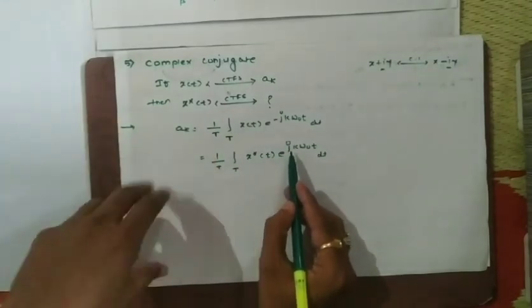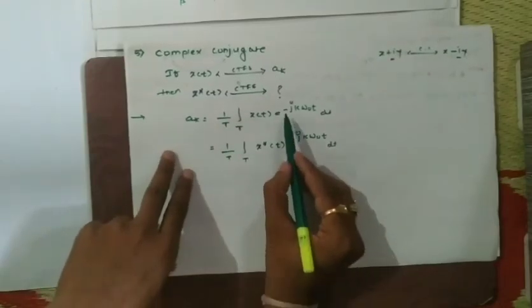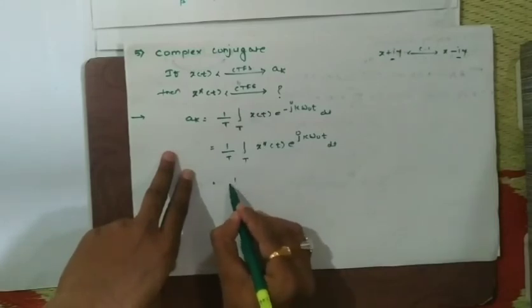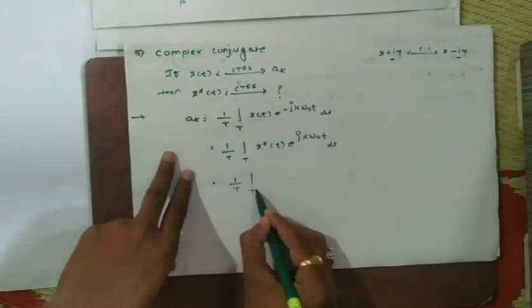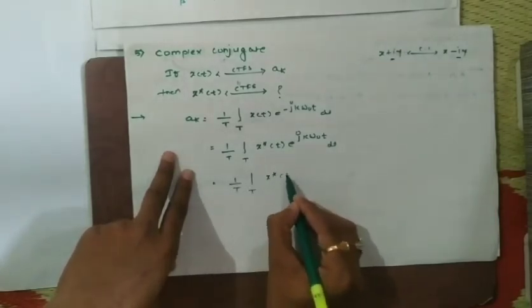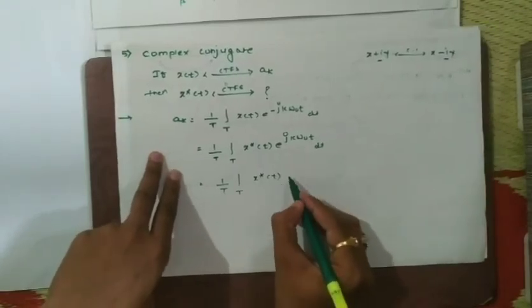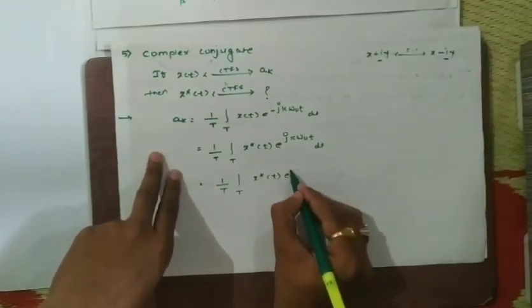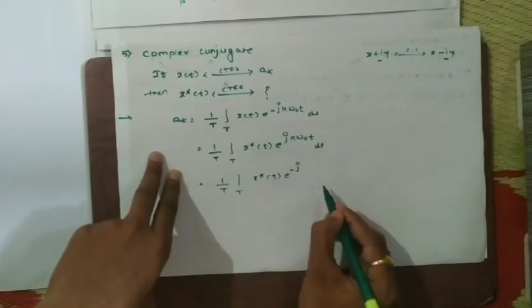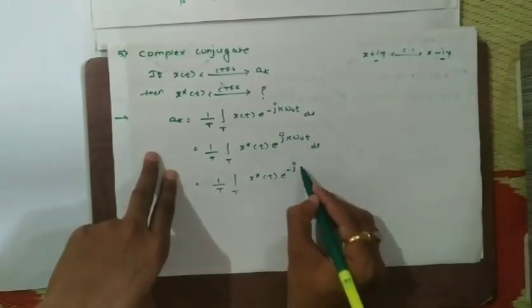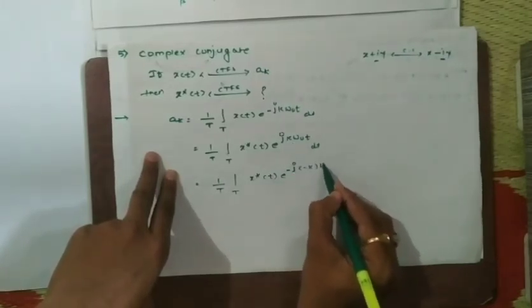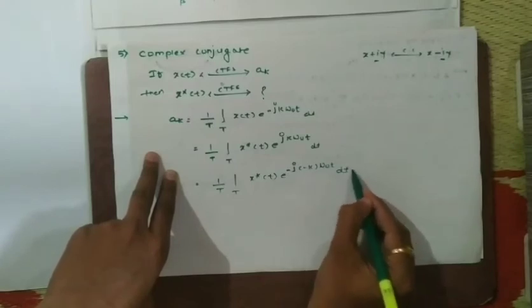Now in order to simplify this, we have a standard formula that it should be written in the form of minus j. So I can make this adjustment: 1 upon T integral of x complex of t. Now in order to get the exponential as minus, I am writing minus j, instead of k, minus k omega naught t, into dt.